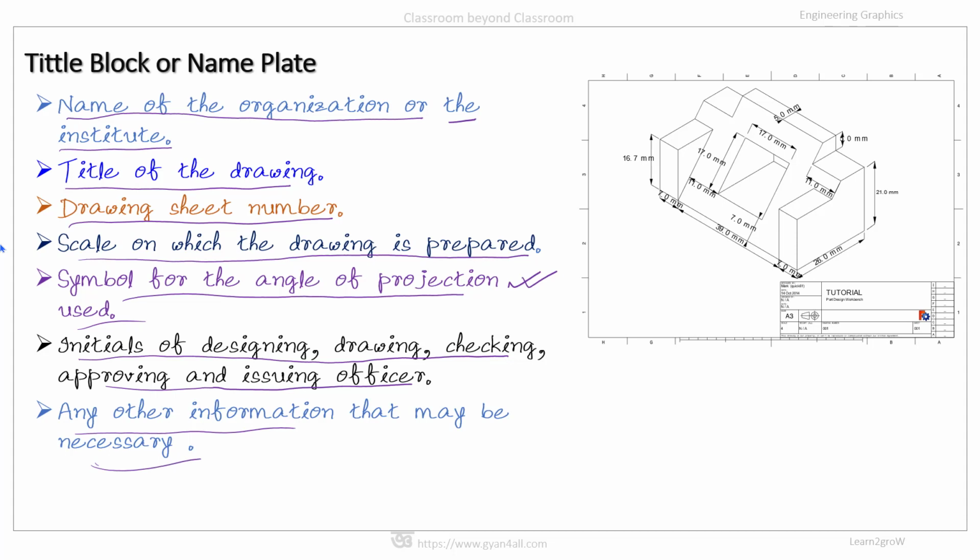It may be the material also, the center of gravity also, it may be also the mass density, and so on. All this information should be there in the nameplate section.